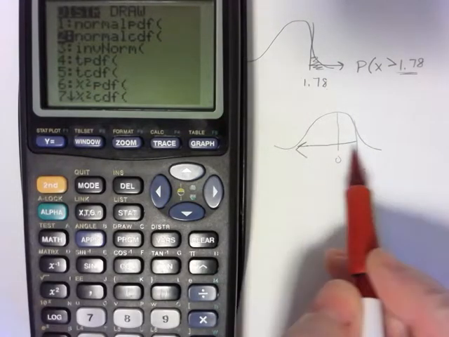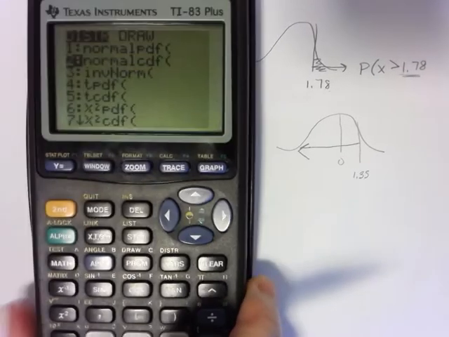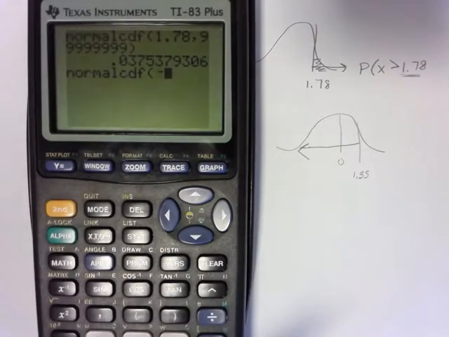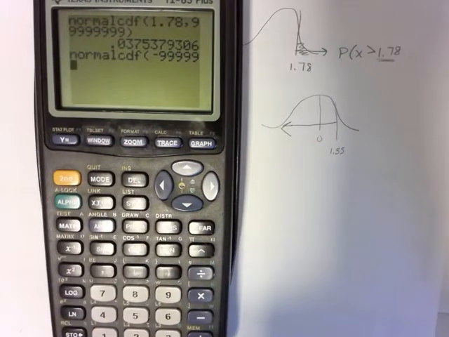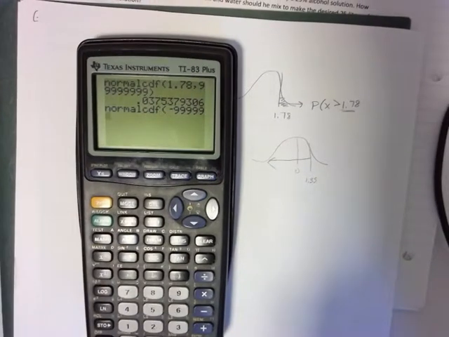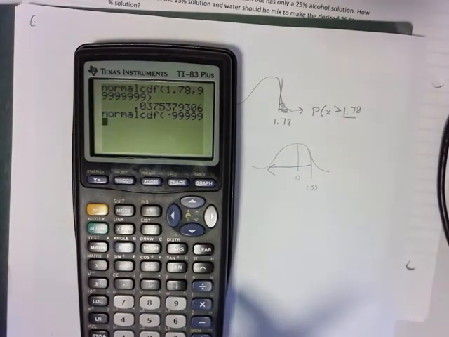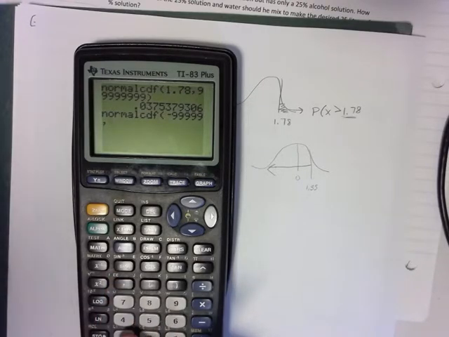So I'm going to enter negative infinity, just a negative and a bunch of 9s. Let me see if I can zoom out a little bit here. Comma, 1.35 and enter, and there's my probability.